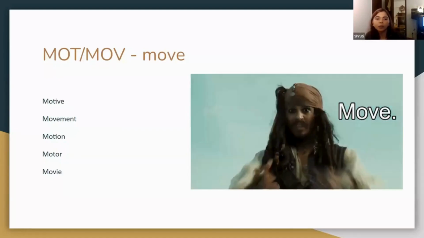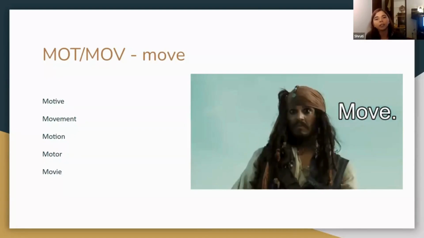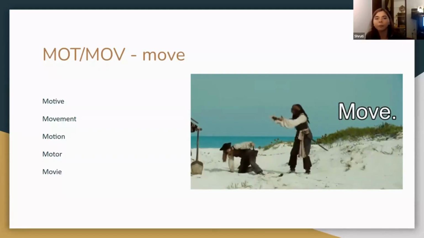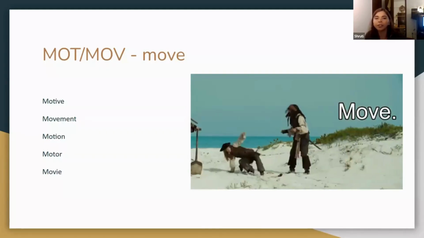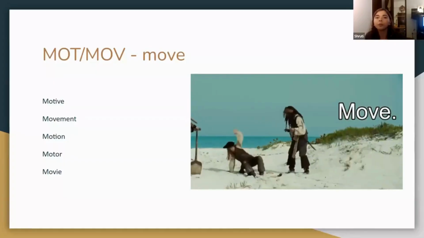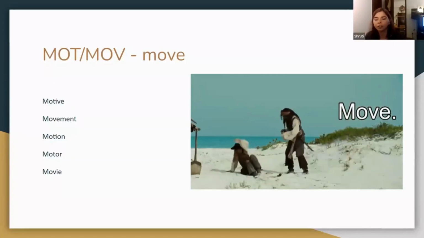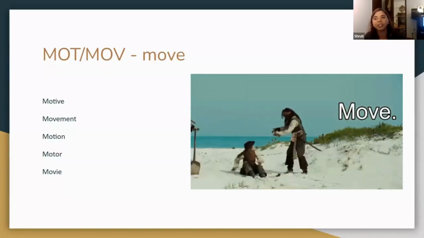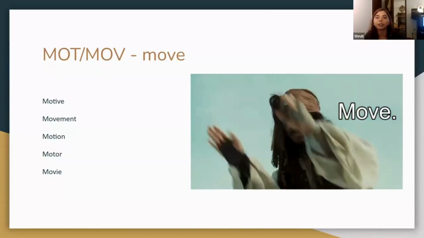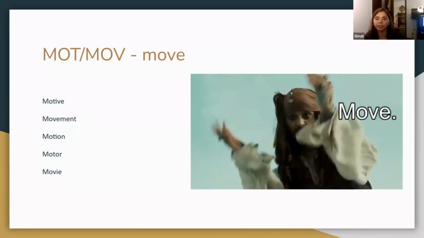Then there are one or two words that are a little harder to understand. For example, motive. How does motive come from movement? When you talk about a motive of any activity, you would say, what is your motive in life?